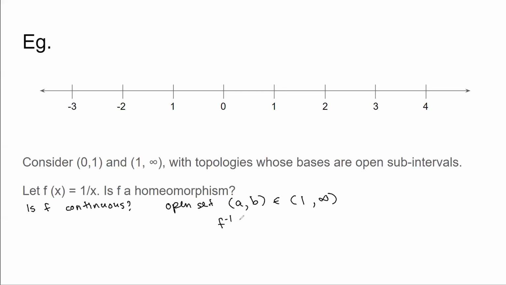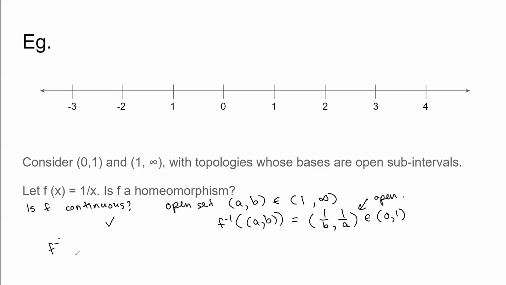Well, f inverse of (a, b) is going to be (1 over b, 1 over a), right? And so this is going to be an element of (0, 1). And this is open. So f must be continuous.